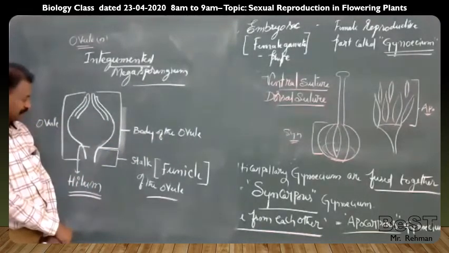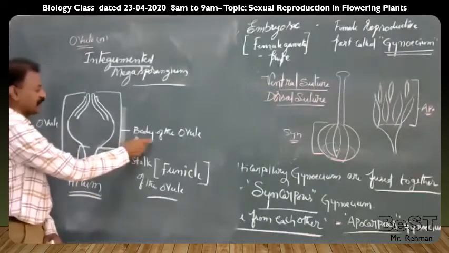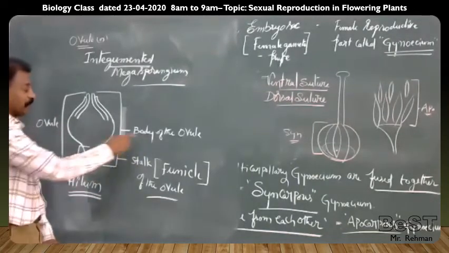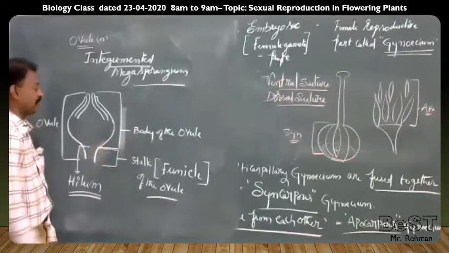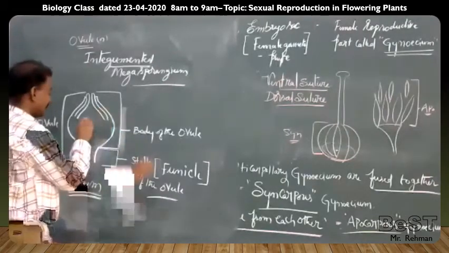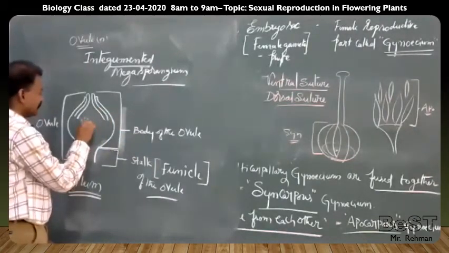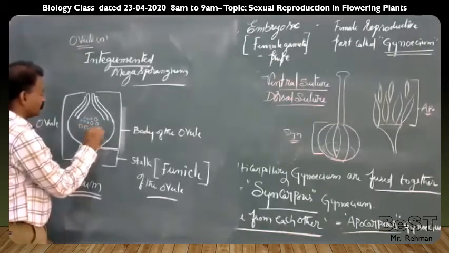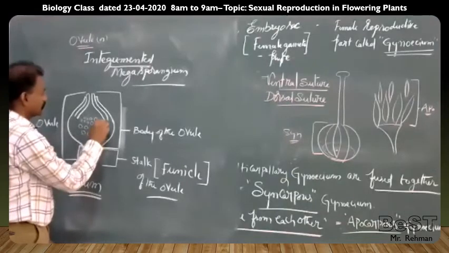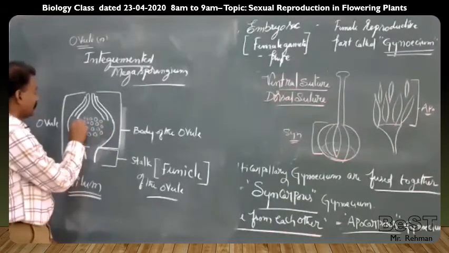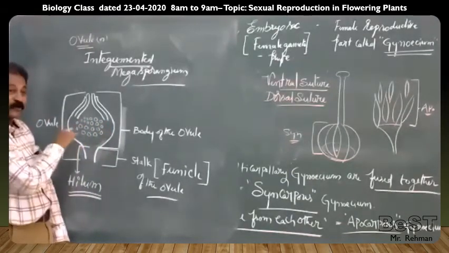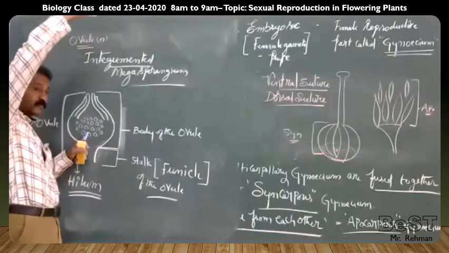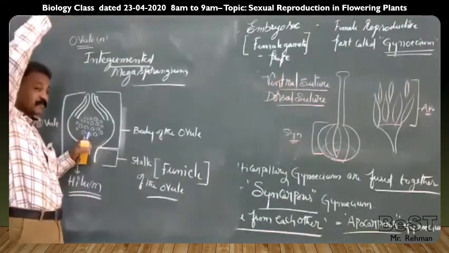Now, what is this body of the ovule made up of? The body of the ovule is made up of a central region with nucellus tissue, or megasporogenous tissue, like we studied in the microsporangia of the anther, sporogenous tissue.